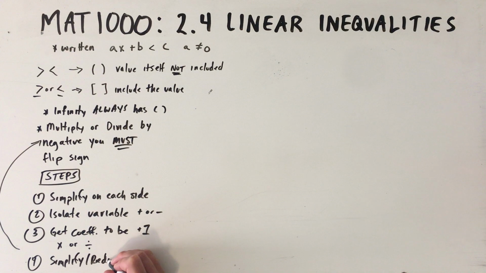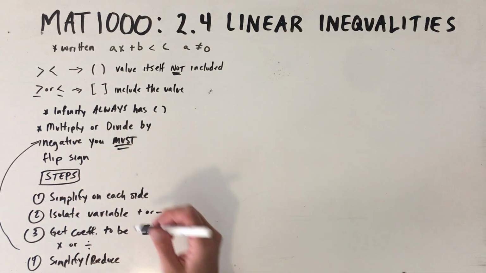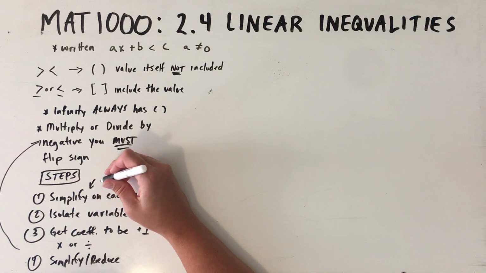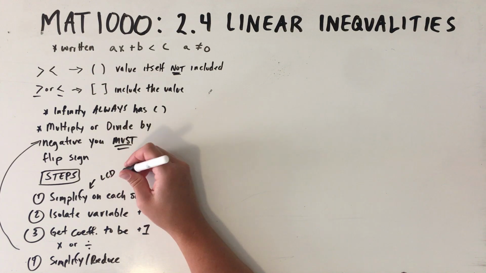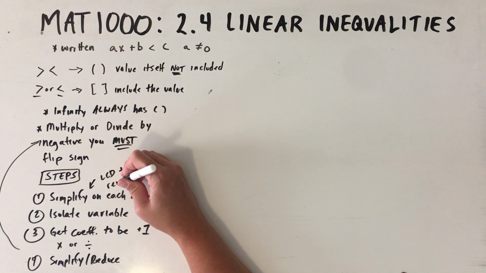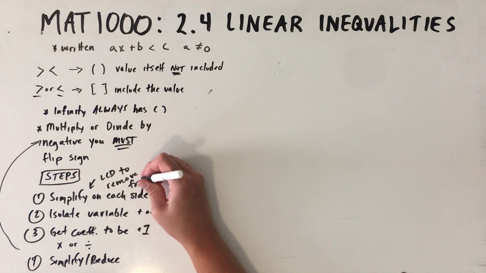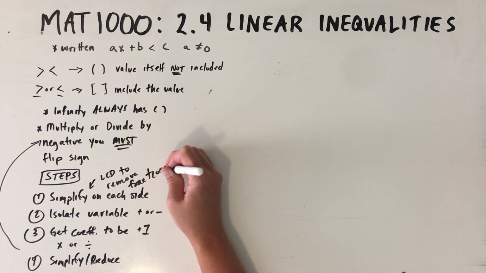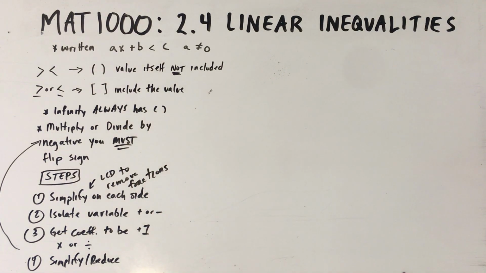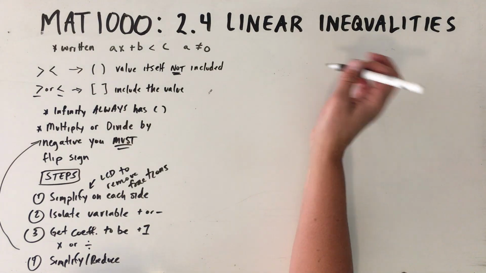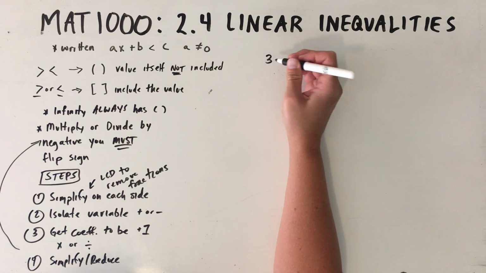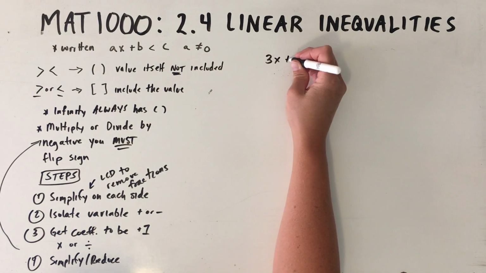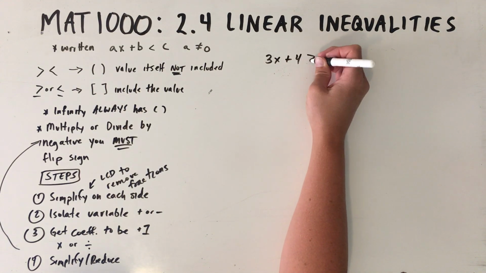And if I'm dealing with fractions up front, when I simplify on each side, I want to use the LCD to remove fractions. Okay, so let's go through then a few of these, and again, remember our steps are going to be the same as solving an equation, a linear equation in one variable.